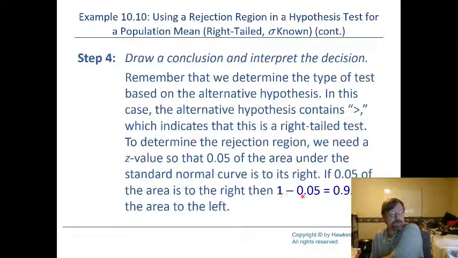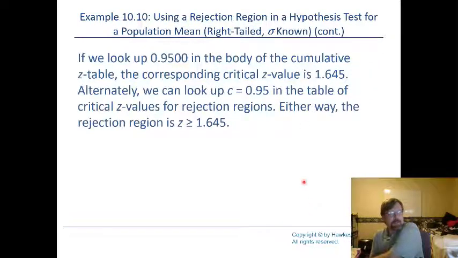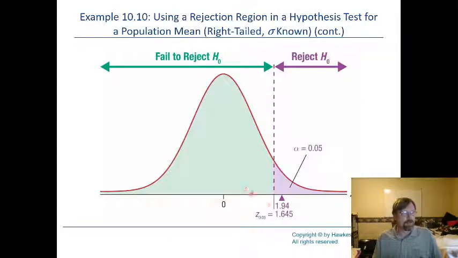I can do that pretty easily on my own too, but I get a critical z value of 1.645 from that. So my rejection region is greater than or equal to 1.645. The value we got was 1.94. So we should be able to reject the null hypothesis based on this.